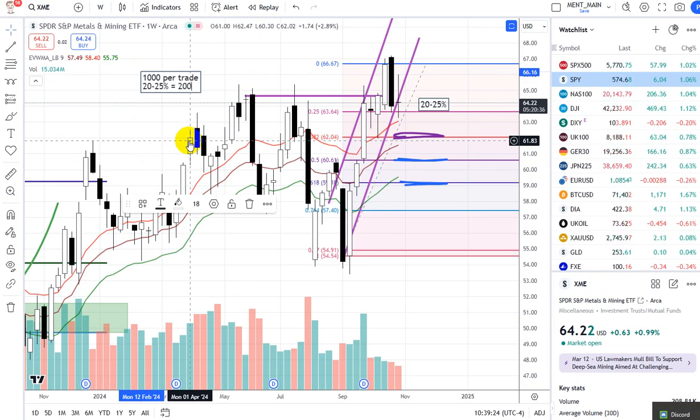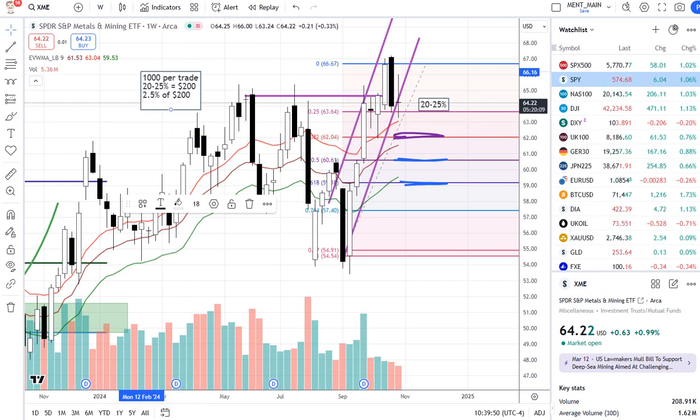So if I'm risking 2.5% of $200, then I'm risking, doing the math in my head, about 50 bucks, 10%, 20, 2.5, yeah, about 50 bucks.